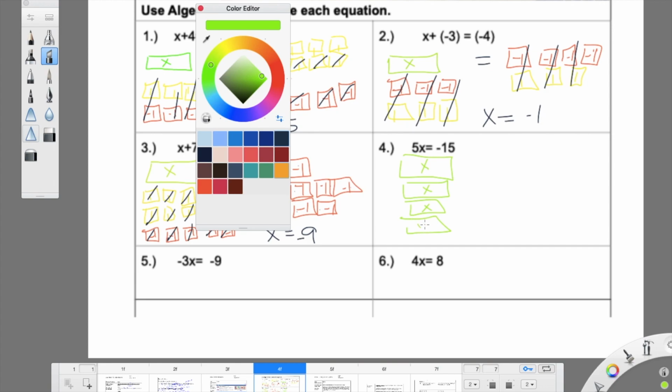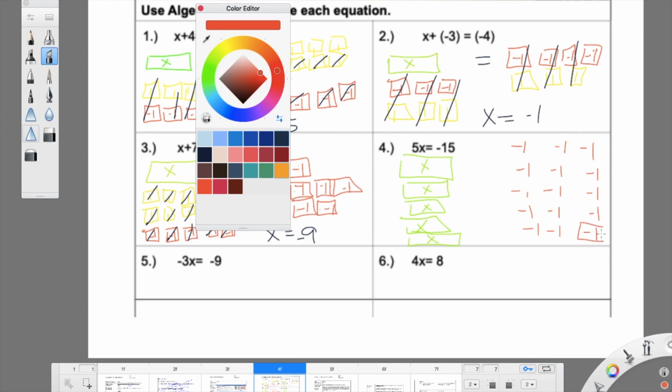Sorry, I should be doing them the same size, but they're not quite coming out the same size there. So we have 5 x's, and that equals negative 15. 1, 2, 3, 4, 5, 6, 7, 8, 9, 10, 11, 12, 13, 14, 15.